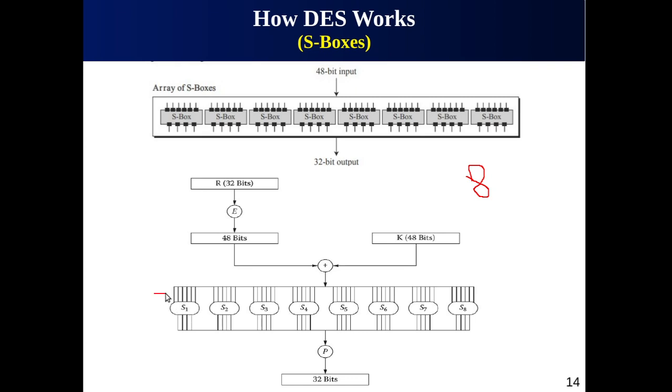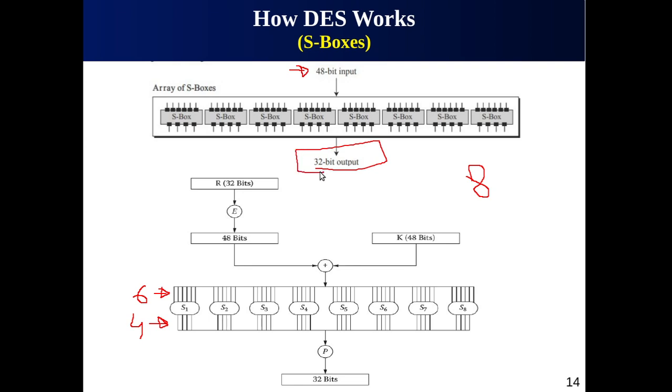Each S box takes 6 bits and gives 4 bits. So it converts 6 bits into 4 bits, or in other words, it converts 48 bits into 32 bits.